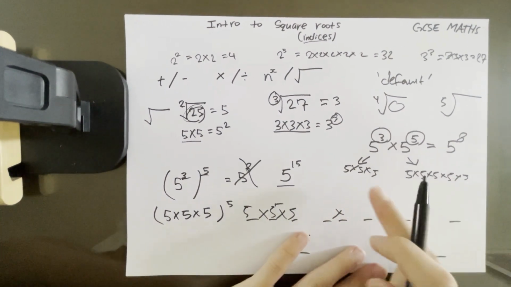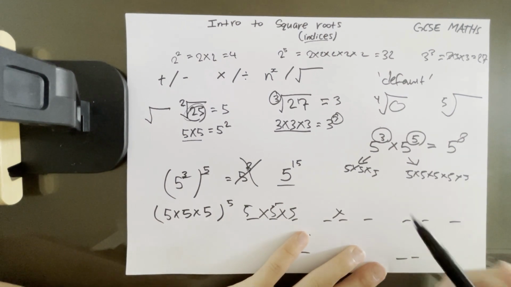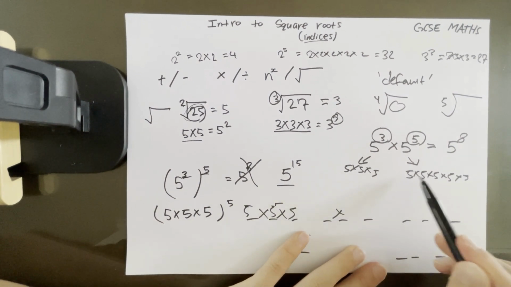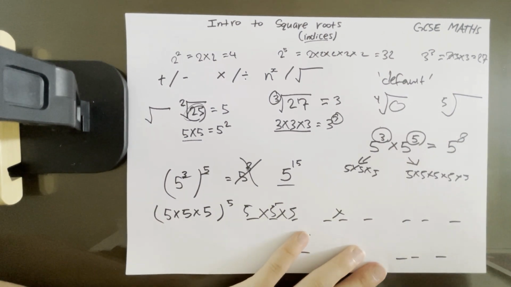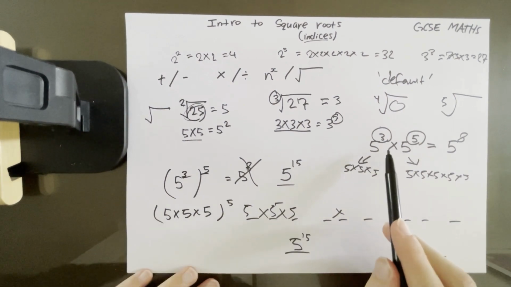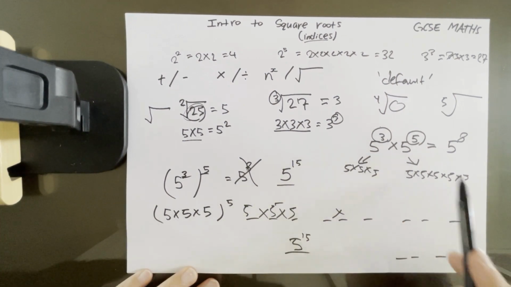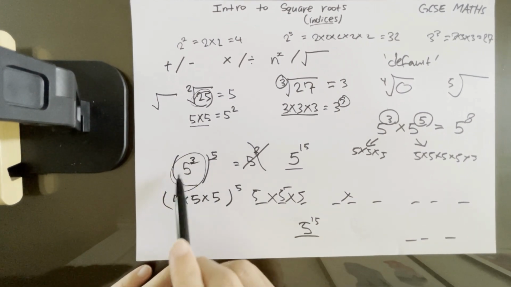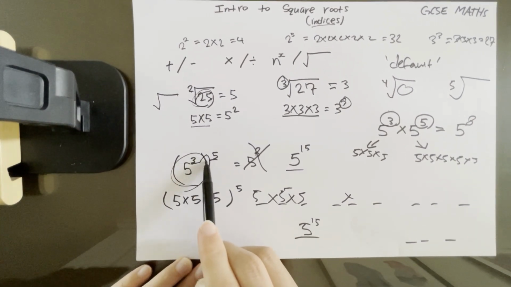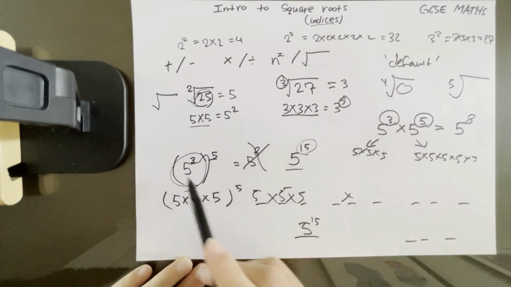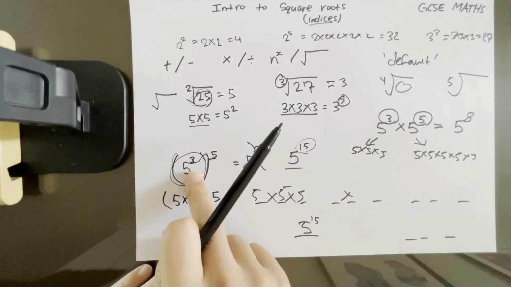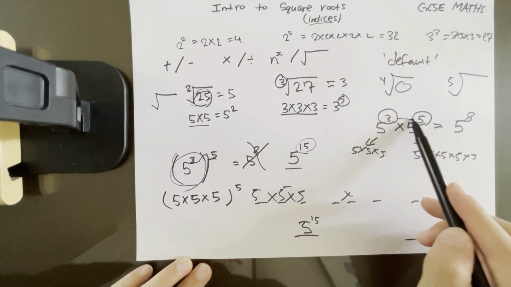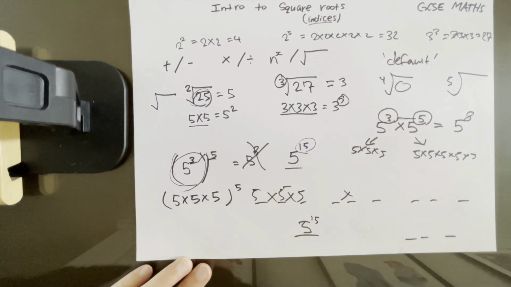So how many times are we multiplying 5? 1, 2, 3, 4, 5, 6, 7, 8. We have 8 lots of these. We're just multiplying 5 to the power of 3 by 5 to the power of 5. This is different to this because we're multiplying the set of 5 to the power of 3. That's why we're multiplying this to get 15. We don't add it. Because of the brackets, we're multiplying this set of 5 cubed. This time we're just multiplying these individual ones, so we just add the powers together.